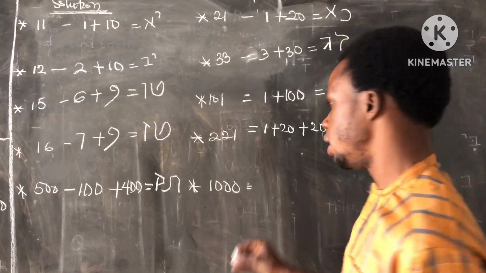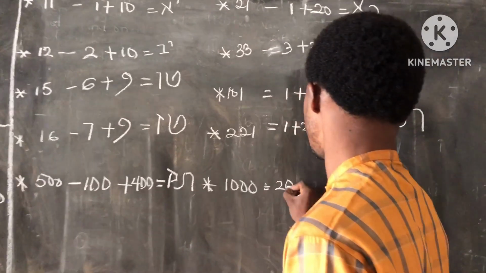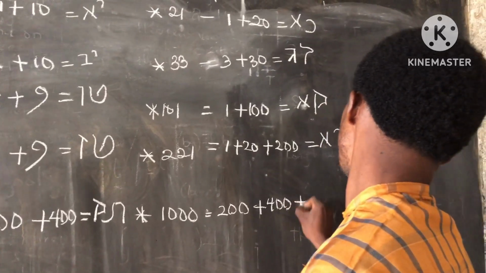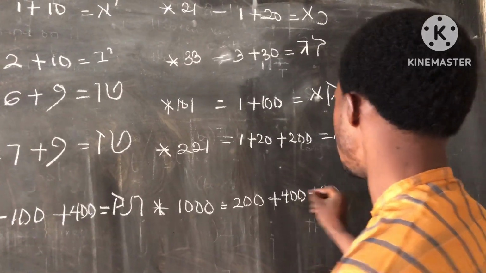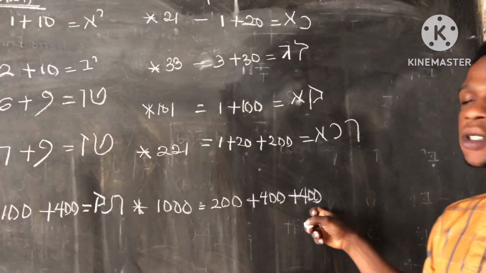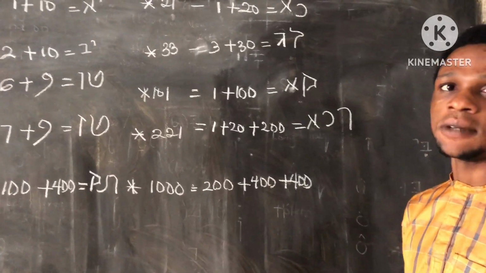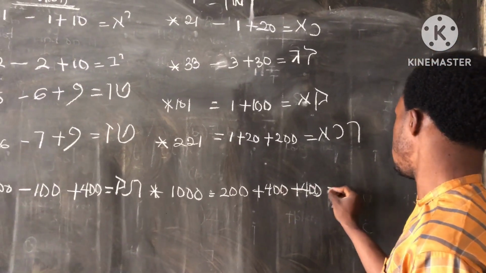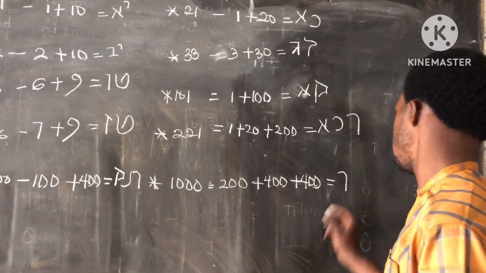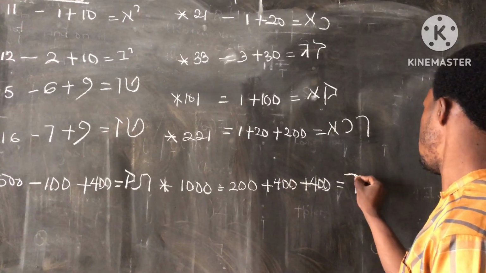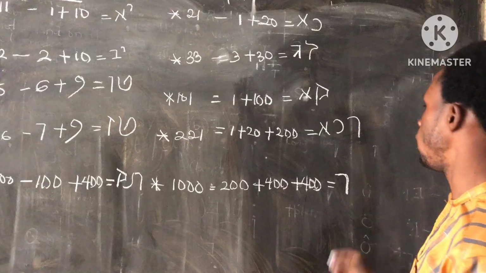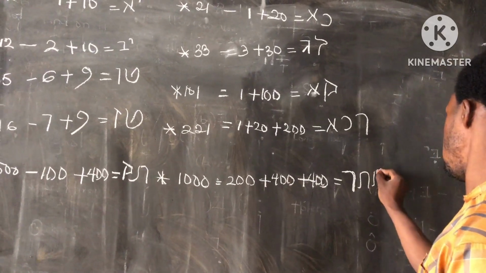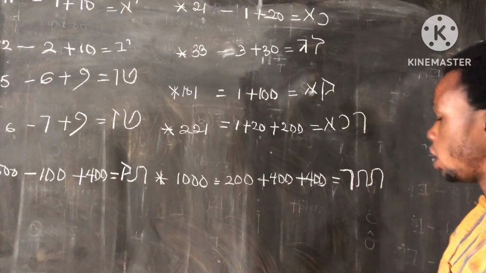If we add it together, 400 plus 400 will give you 800, plus 200 you have 1000. 200 is represented by Resh, 400 Tav, 400 Tav. Therefore you have your 1000.